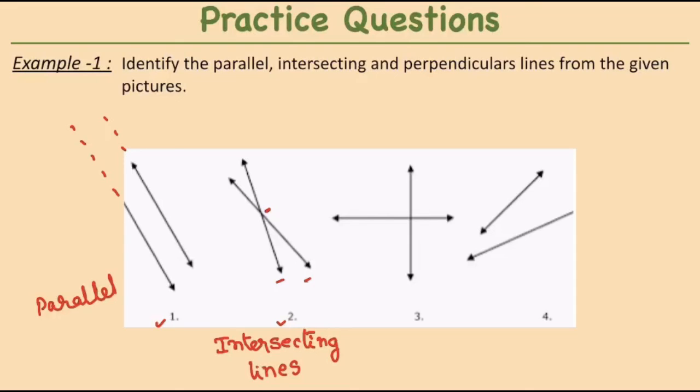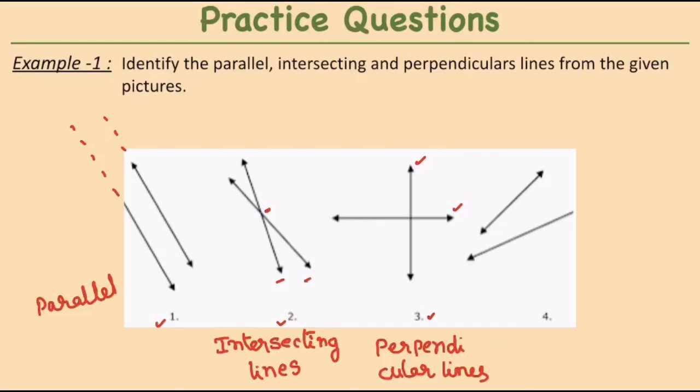And in question number 3, these 2 lines are perpendicular to each other. So these lines are called perpendicular lines.